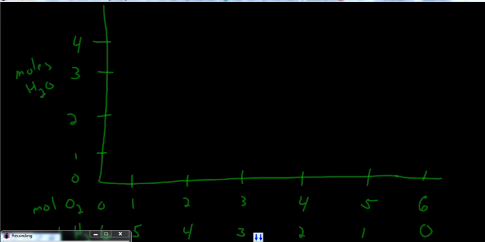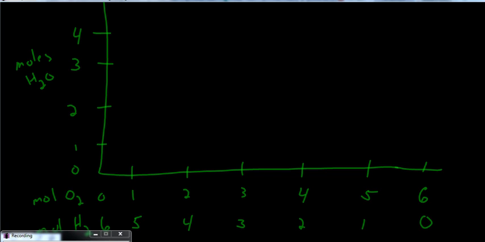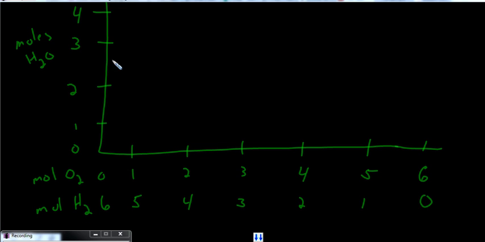Okay, so we're making here a graph of the number of moles of water formed versus essentially the ratio of oxygen to hydrogen. So what happened when we used, in our first test, 5 moles of hydrogen and 1 mole of oxygen? We should have gotten 2 moles of water. Now, what if you used 4 moles of hydrogen and 2 moles of oxygen in our second test?